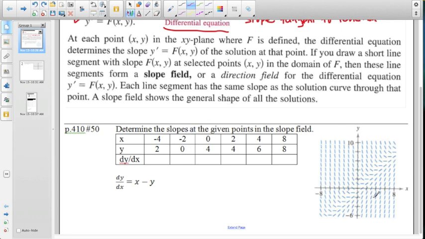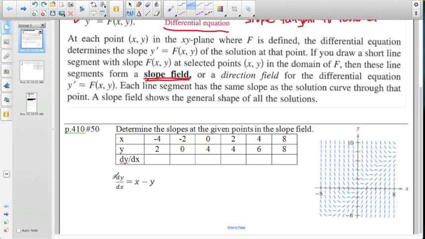When we take a look at that differential expression, which is no more than the slope of the tangent line, we get what we call a slope field. The slope field is a graphical representation of that differential equation.